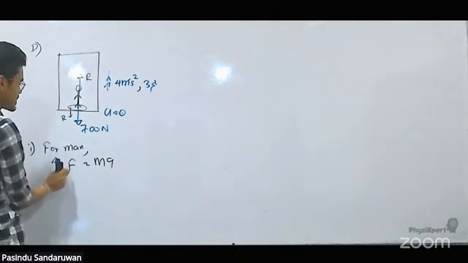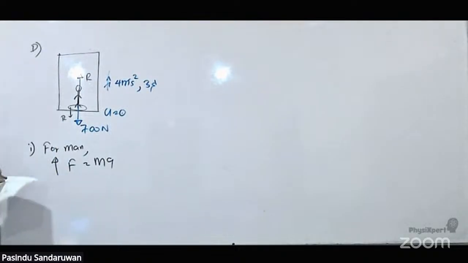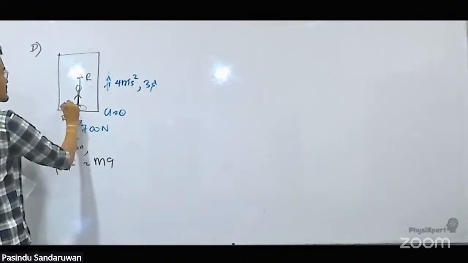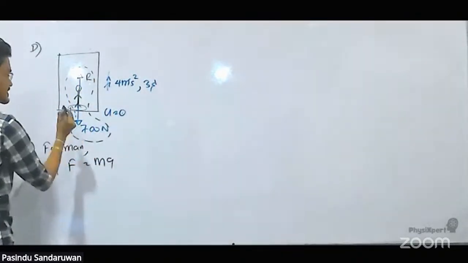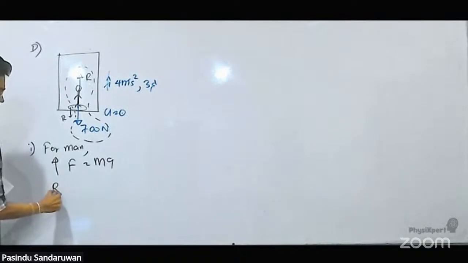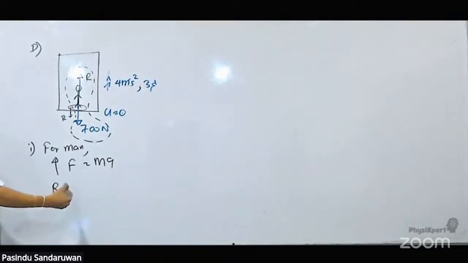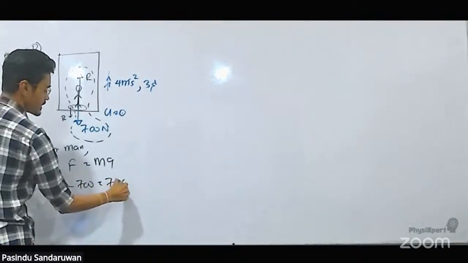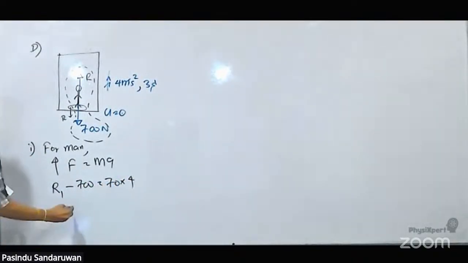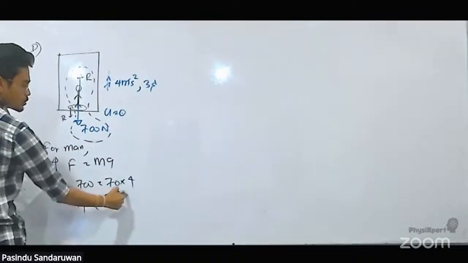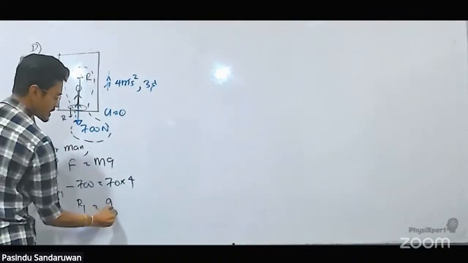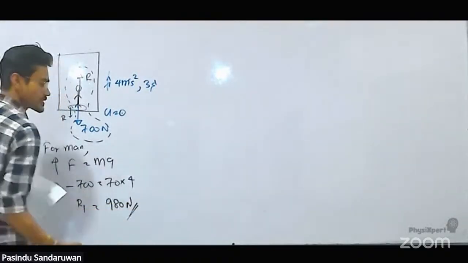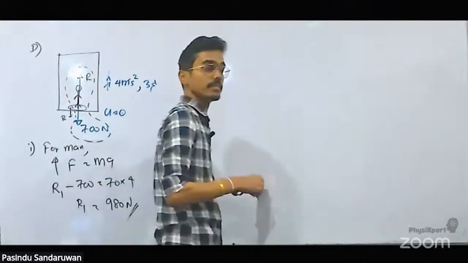This is the force frame of the man. Upwards we have R, let's say R1. R1 minus 700 equals 70 times the acceleration, which is 4. Simplify this: R1 equals 980. The apparent weight shown on the balance is 980.